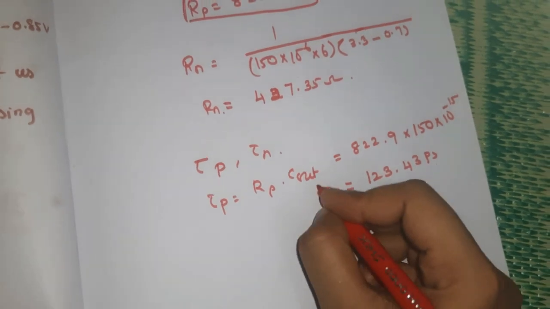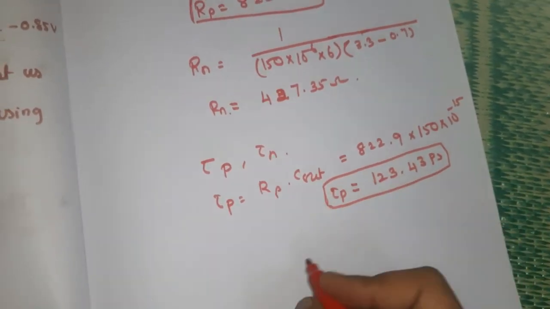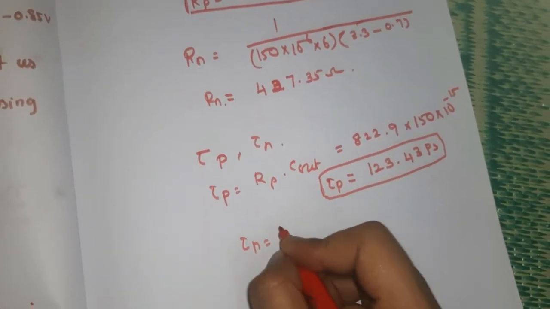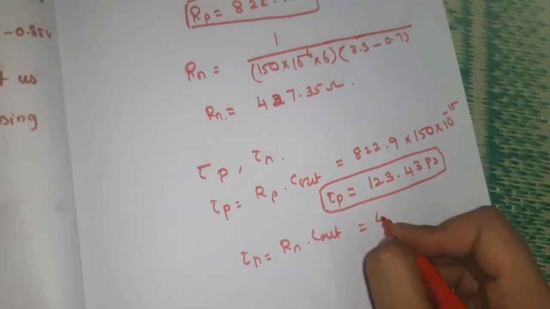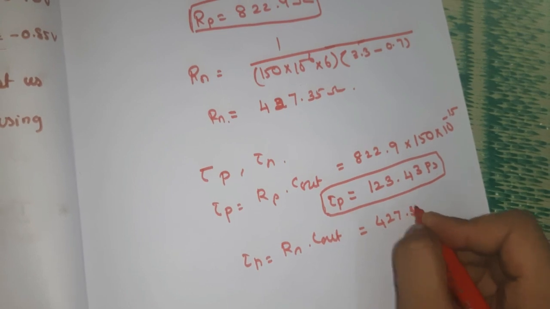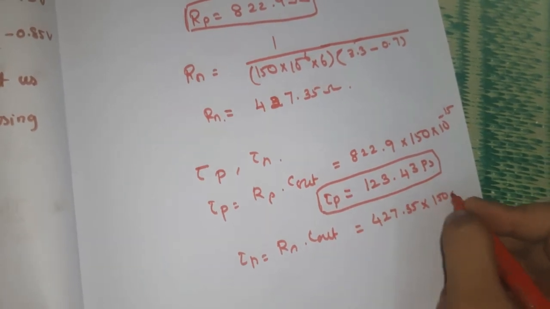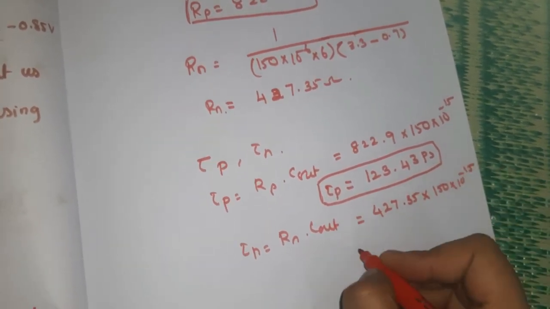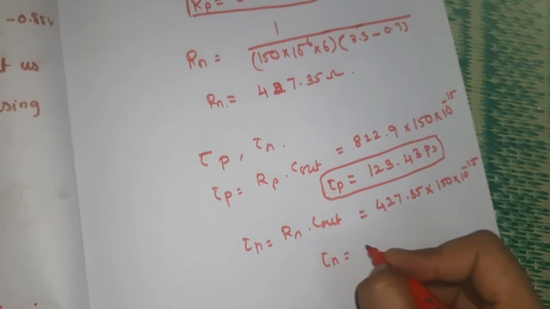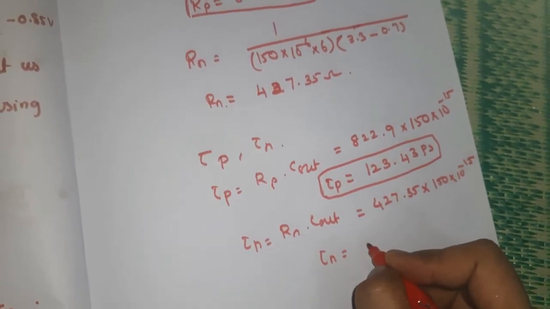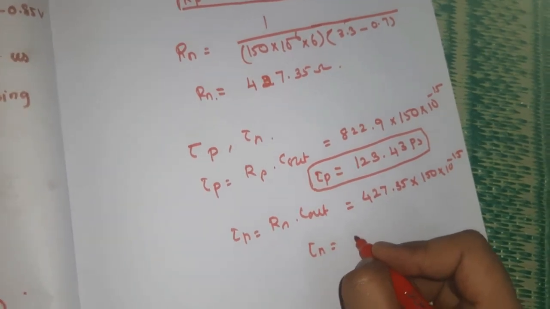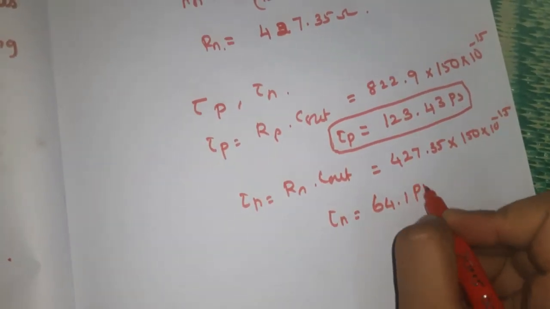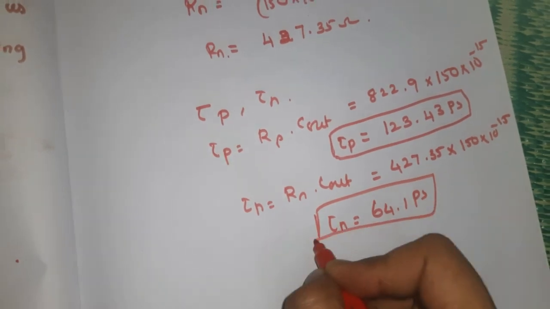So this is tau P. Similarly, we get tau N, that is equal to Rn into C out, that is equal to 427.35 into 150 into 10 to the power minus 15. So solving this, we will get tau N equal to 64.1 picosecond. So this is tau N.